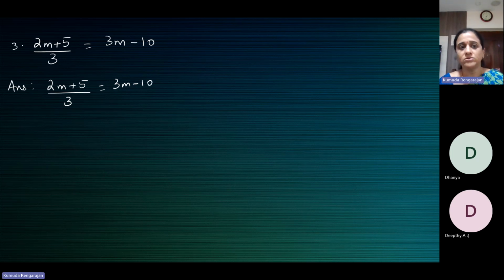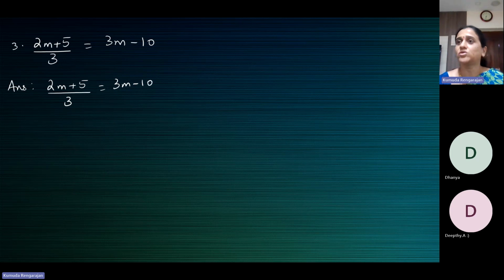On the right hand side also, 3m minus 10. What can you do with it further? When the left hand side and right hand side are completely simplified, you cannot do anything with the LHS alone or the RHS alone. Meaning further simplification is not possible.